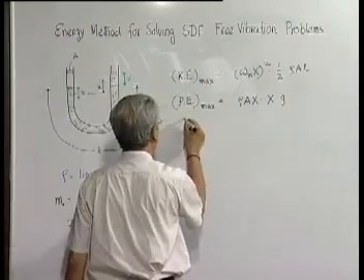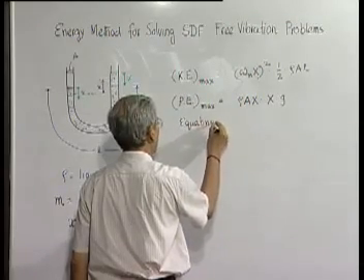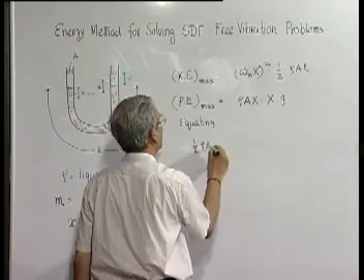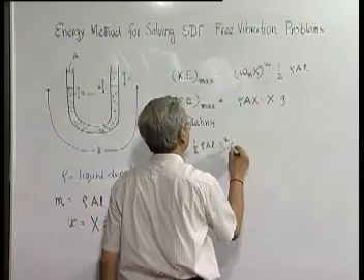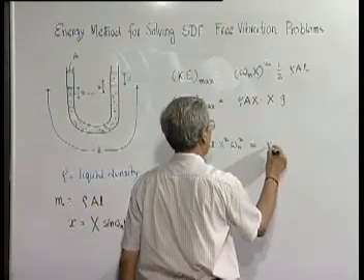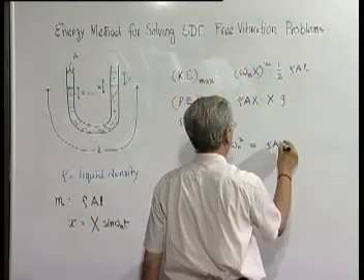Equating the two, we get half rho A L X square omega n square equal to rho A g X square.